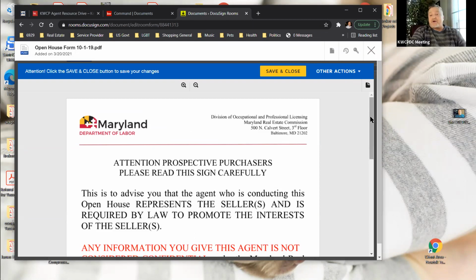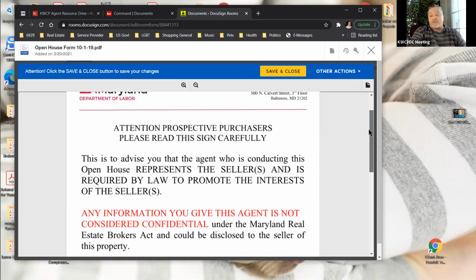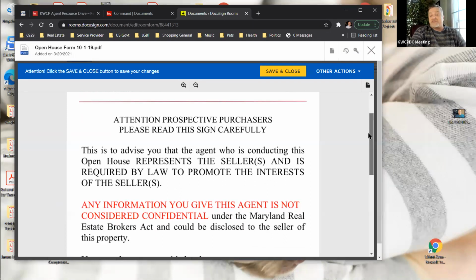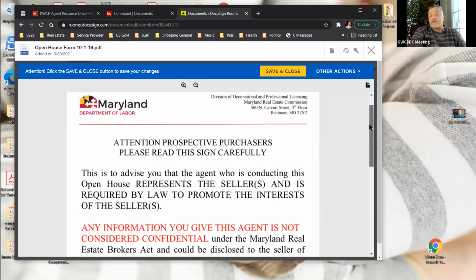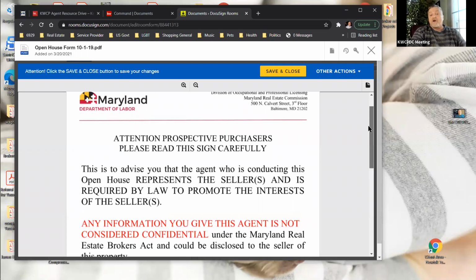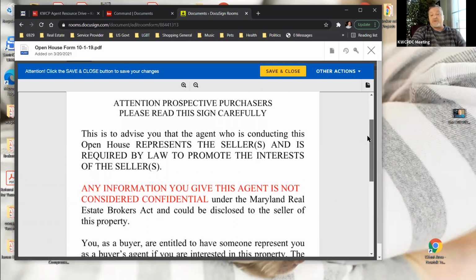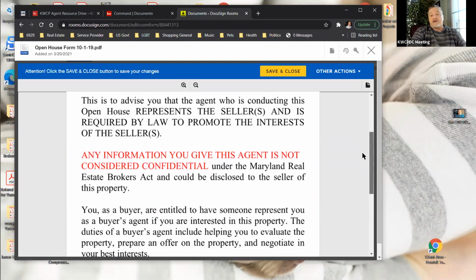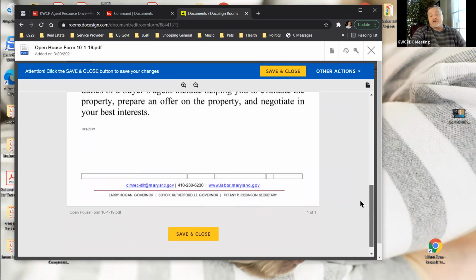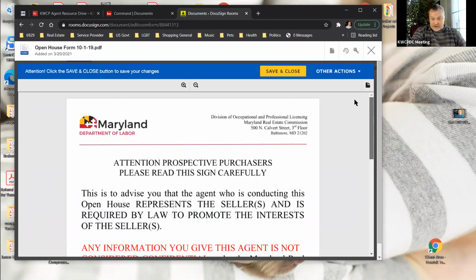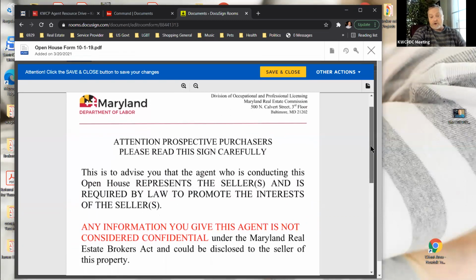As Harrison mentioned a minute ago, he was talking about open houses, and Maryland law says if you're going to be holding an open house, at your own listing or anybody's listing for that matter, you have got to have this posted clearly and visibly. It's got to be conspicuous. You've got to understand that Maryland has testers that they send out, and they could very well hit you with a violation if this is not clearly visible and posted for everybody to see.